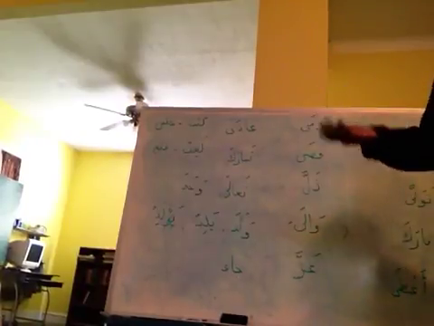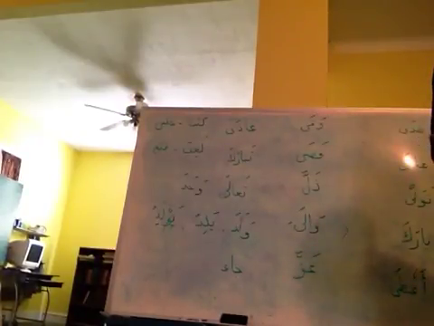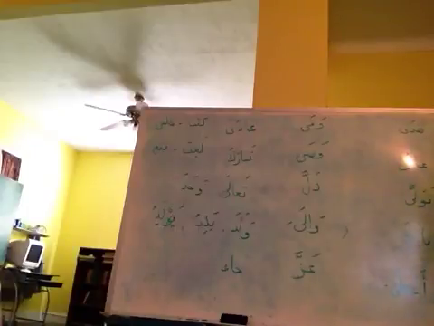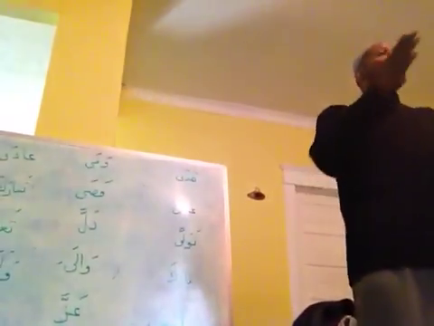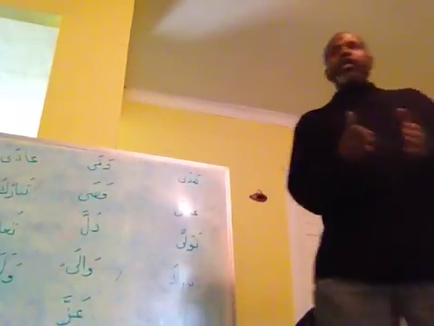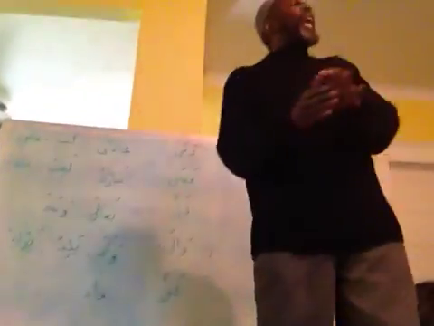That's Kayfa wajadta? How did you find, wajadta, did you find? So you see, that's the conjugation. The present tense verb that begins with the waw is considered a weak verb.